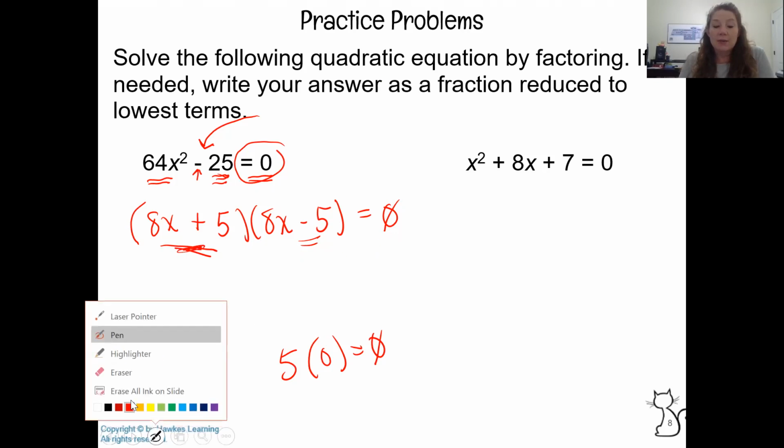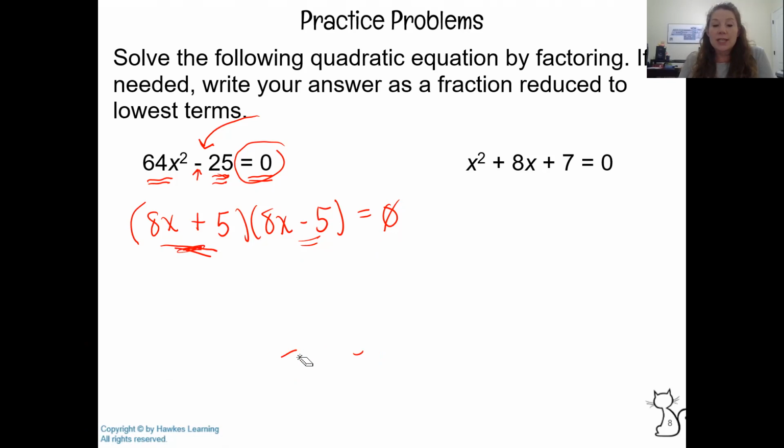So basically, what we're going to do is take each set of parentheses and set them both equal to 0. So 8x plus 5 is going to equal 0. And since we have another set of parentheses, we're going to set this one equal to 0 as well. So now we want to see, what can x be to make this equal 0?